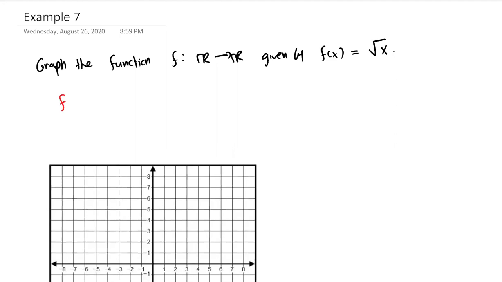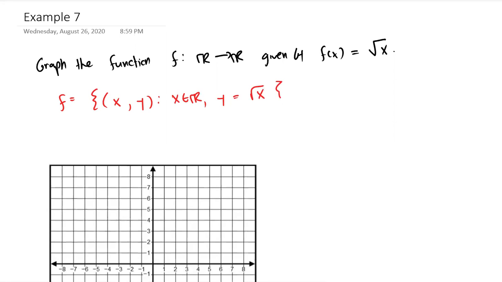And so by definition, this is the function given by the set of all ordered pairs, where the first coordinate is x, the second coordinate is, actually, let me write it the same way, y, such that, again, since this function is mapping the real numbers into the real numbers, x is a real number, and y is equal to, what is it, square root of x.